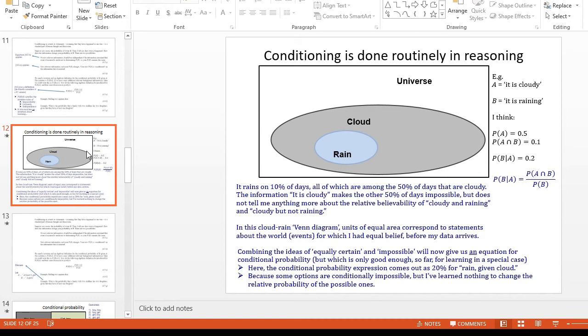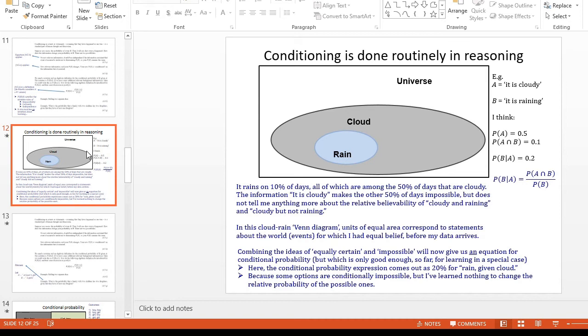So let the event A be "it is cloudy," and the event B be "it is raining." Of course, it's also cloudy. In the information I already have, my probability of A, on some unknown day, that it is cloudy, was 0.5. We knew from the background information the probability of the intersection of A and B, that it was both raining and cloudy, was 0.1. Plugging these into the conditional probability equation, your probability that it is raining given that it's cloudy, P of B given A, comes out as 0.2.